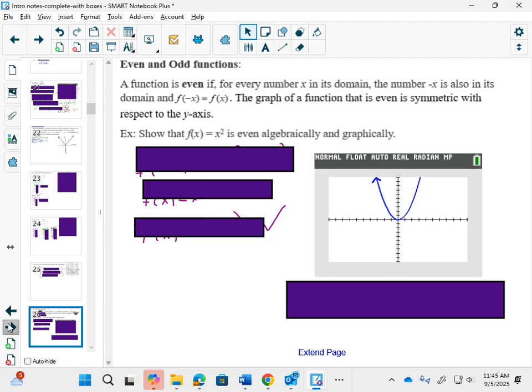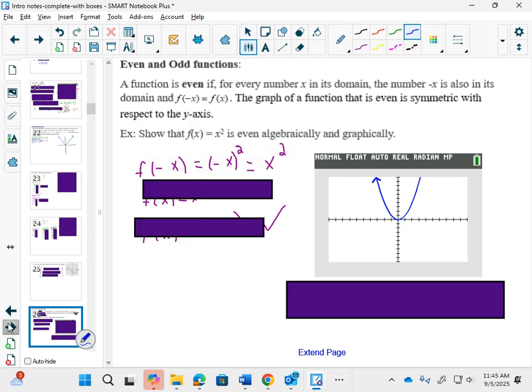How do we show that algebraically? So if they say, prove something is even, the definition of proving something is even is right here algebraically. You need to show that f(x) and f(-x) are exactly the same. Well, we already know what f(x) is. It's x squared. So algebraically, we look at, well, what would happen if I do f(-x)?